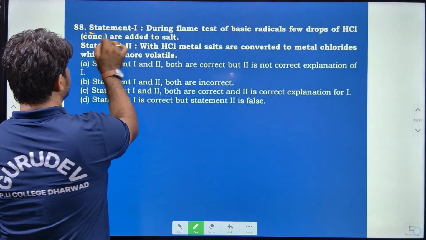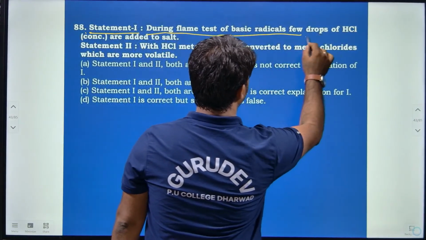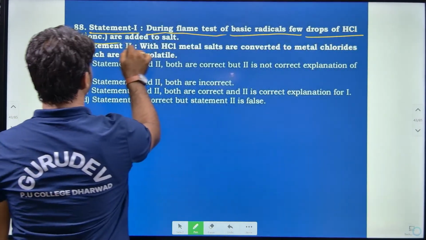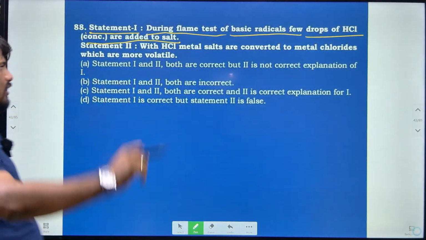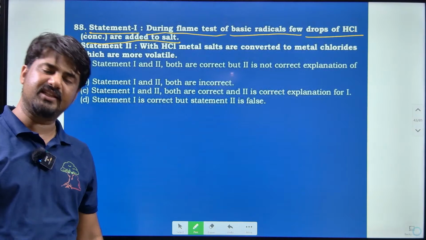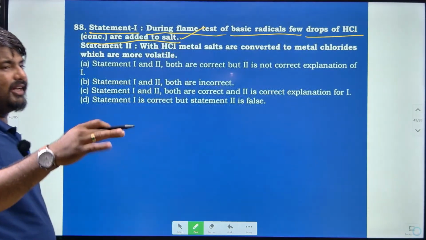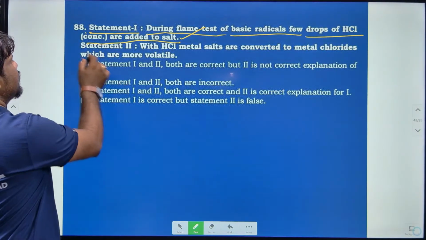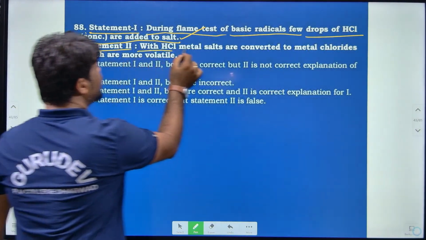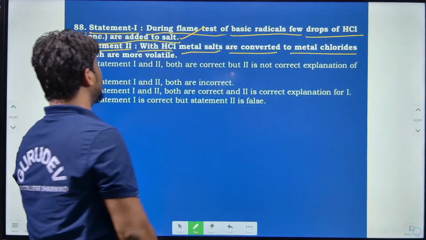Question number 88. Statement 1: during the flame test of a basic radical, a few drops of conc. HCl are added to the salt. Of course, while doing the flame test, a few drops of HCl are added. Statement 1 is correct. Why is that HCl added? Statement 2: with HCl, metal salts are converted into metal chlorides which are more volatile.